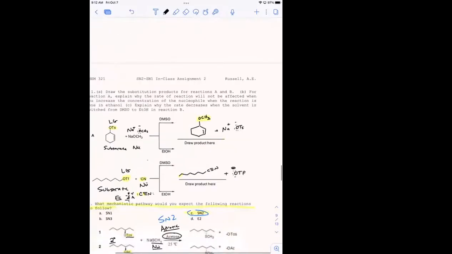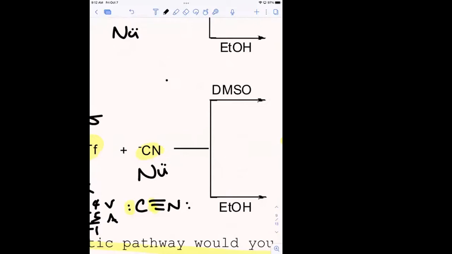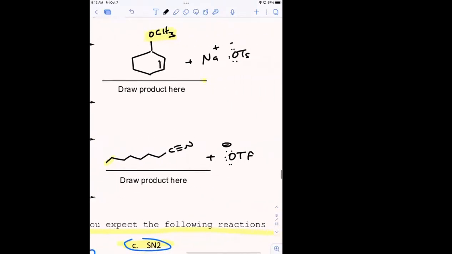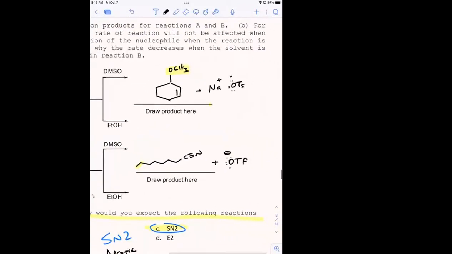Right, and then that triflate leaving group is this. It'll normally end up with whatever the counter ion is on that cyanide. So if it's a sodium or potassium or whatever, that cation will normally end up with the leaving group and form a salt. But I don't have a cation depicted here, so we'll just leave it how it is.